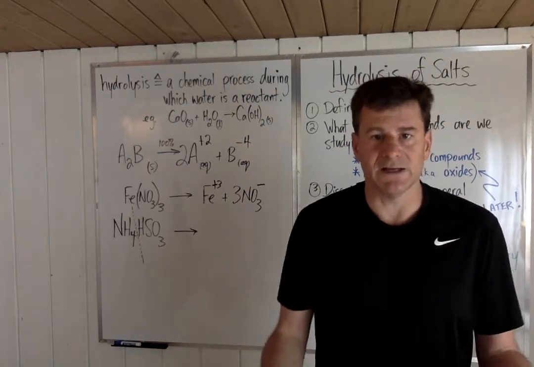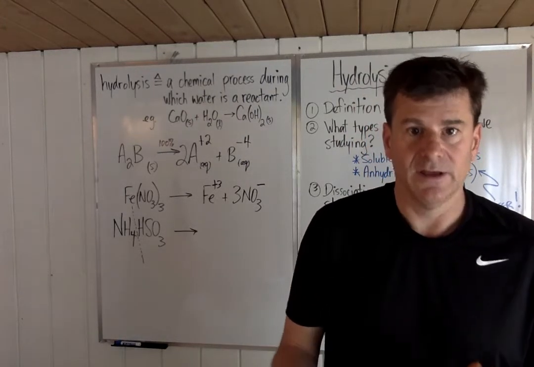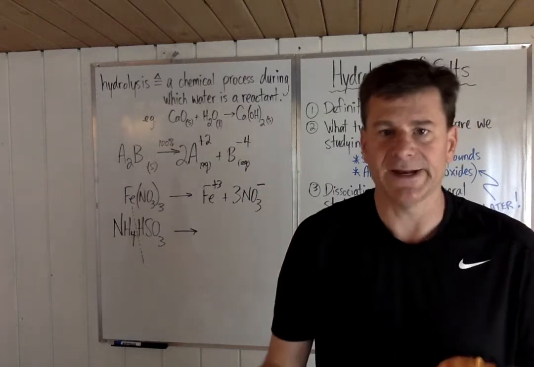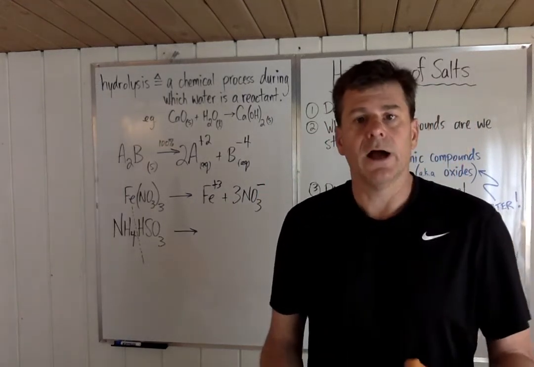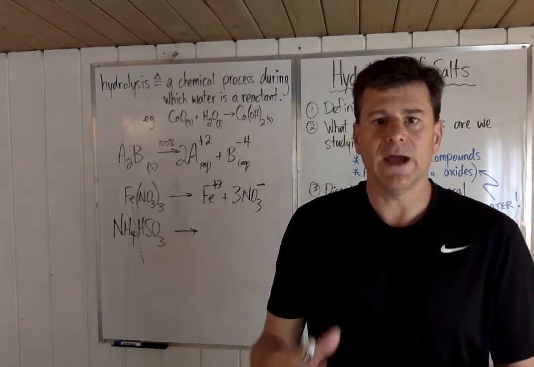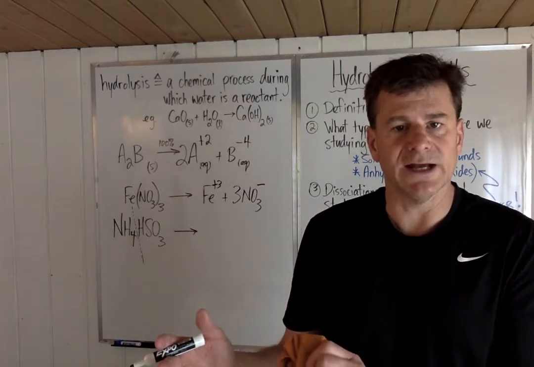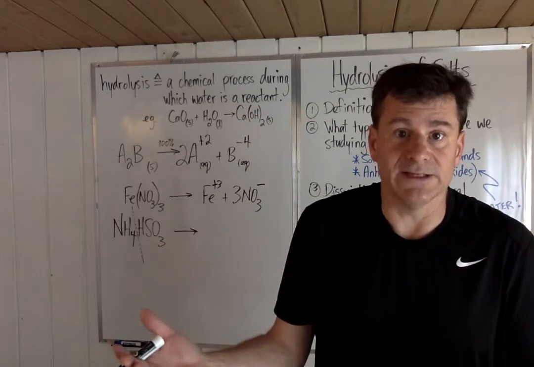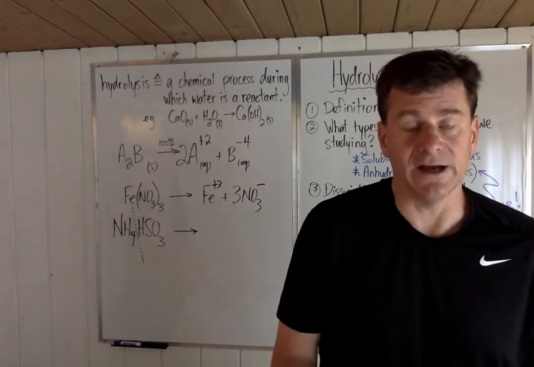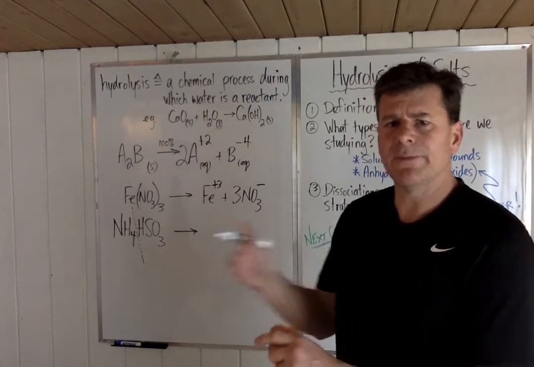Even if you don't recognize what HSO3 is, and it doesn't just pop into your head as, okay, well, that's hydrogen sulfite, if you don't recognize it but you do recognize the NH4, you have to say to yourself, well, I don't even know what it is, but it is the anion. And so don't try and separate these things.